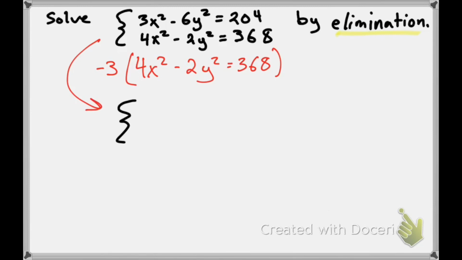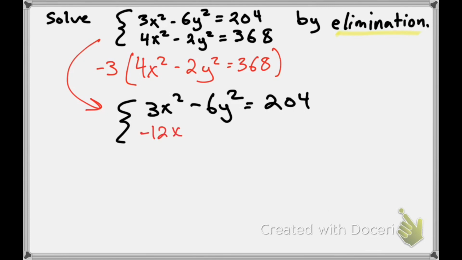I have 3x squared minus 6y squared equals 204. I'm not going to mess with the top. The bottom one is going to give me negative 12x squared plus 6y squared equals a negative 1,104.